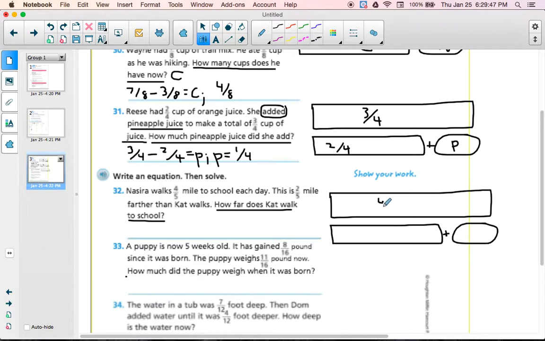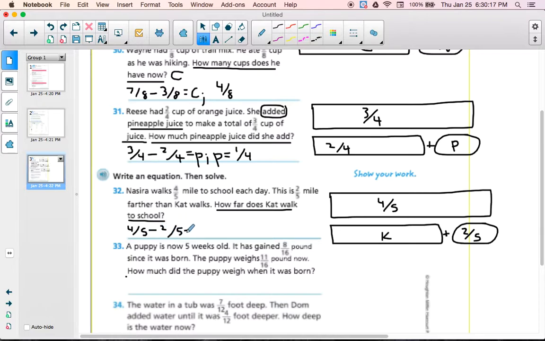So, Nasira walks 4/5 of a mile. That's the total. That's 2/5 more than what Kat walks. So if I take what Kat walks, add 2/5 of a mile more, I'll get what Nasira walks. So, pretty simple. Let's use 4/5 as the total. I subtract out the 2/5.